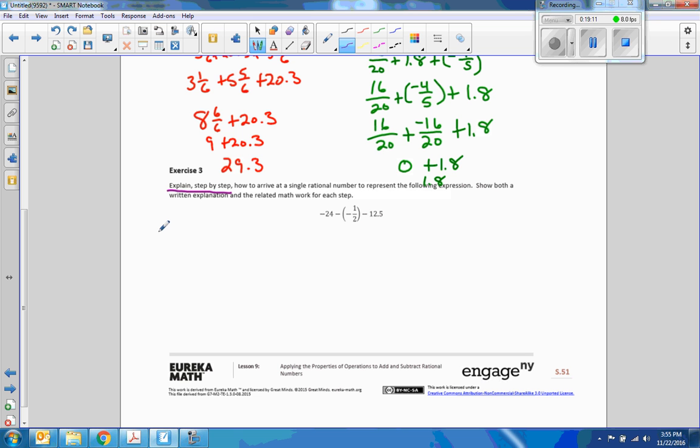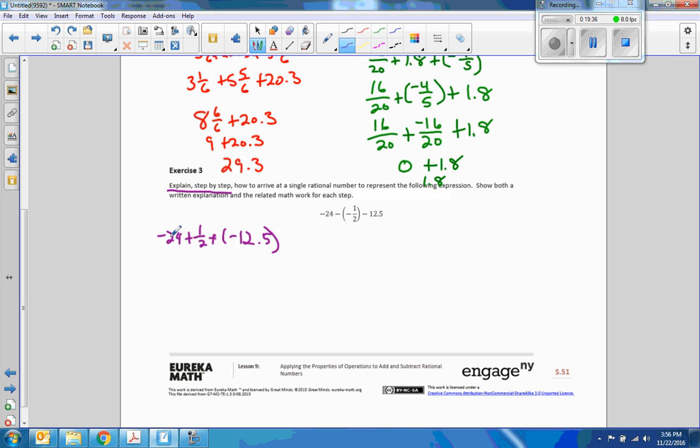Okay, so I'm going to write negative 24 plus 1/2 minus 12.5. And actually, I can say plus negative 12.5.